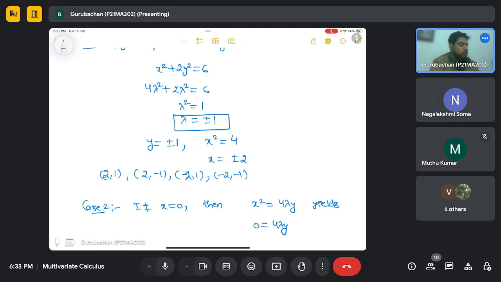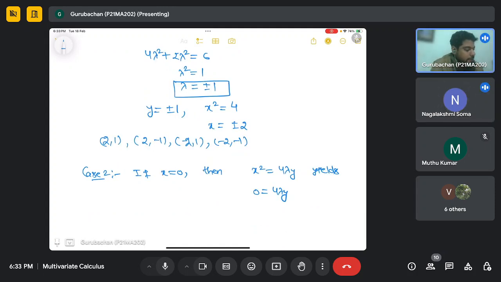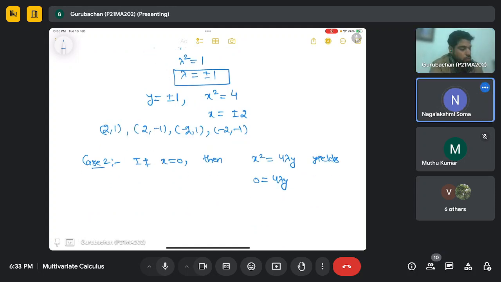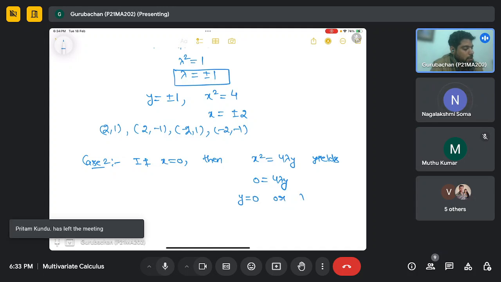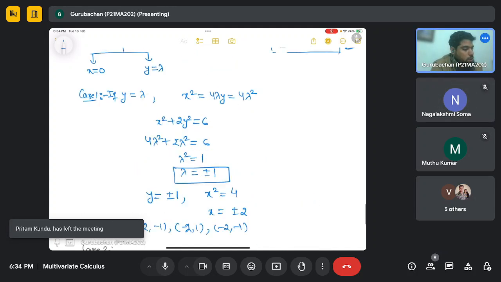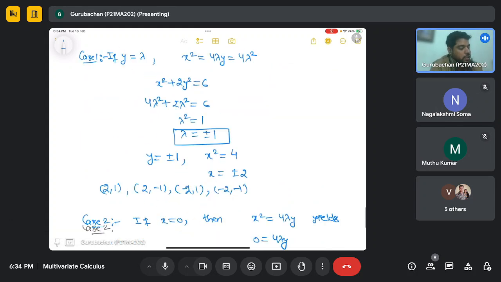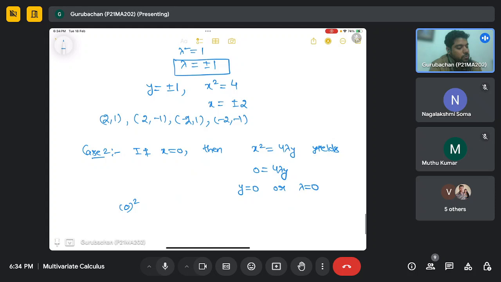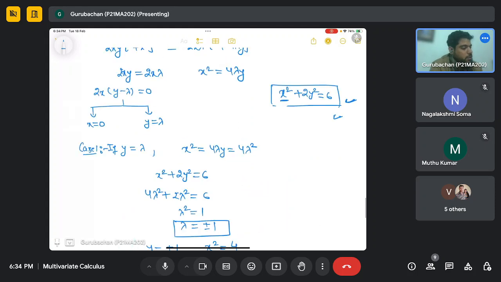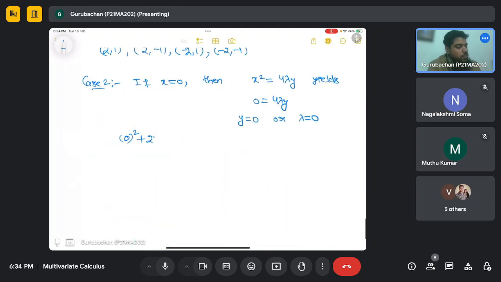So in the next case, if x equal to 0, this will give you either y equal to 0 or lambda equal to 0. And if y is also 0, then it will not satisfy the subject-to constraint condition, because it will give you 0 square plus 2 into 0 square, which is 0, which is not equal to 6.